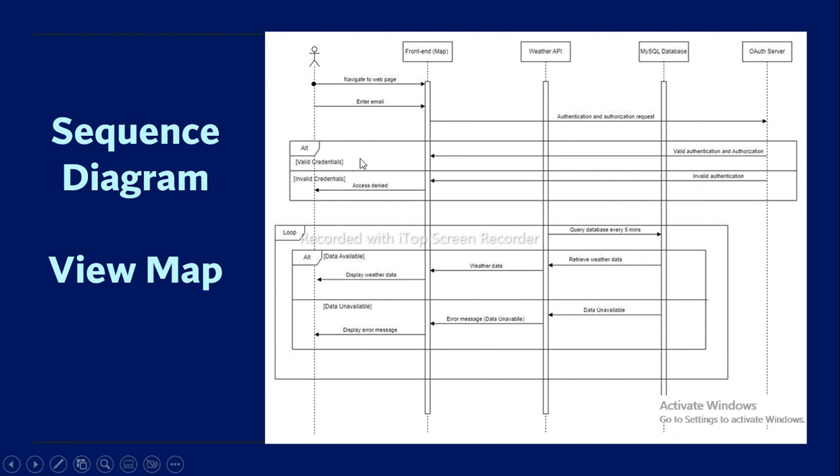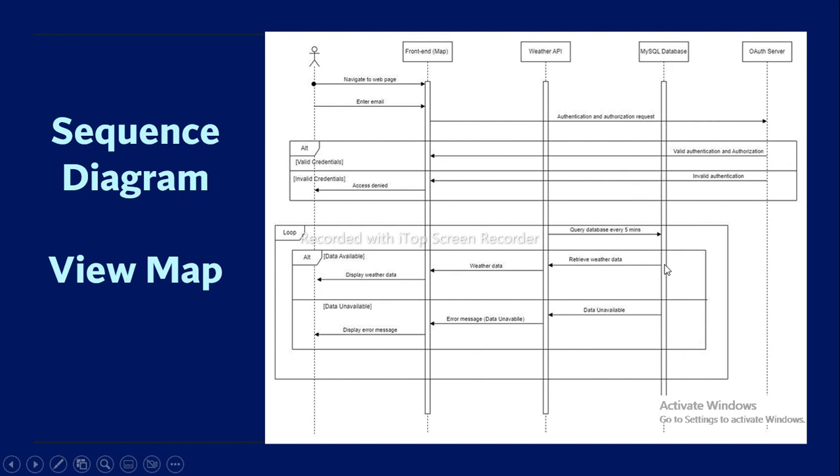Let's say these credentials are valid and this is an authorized user, then that user will be directed into this loop section. There's a loop because the query database has to be updated every 5 minutes. From the weather API, the MySQL database will be updated every 5 minutes. While updating, we have to check the MySQL database.